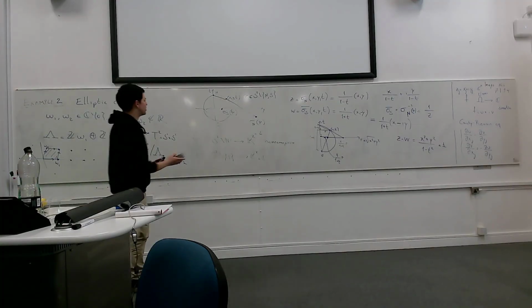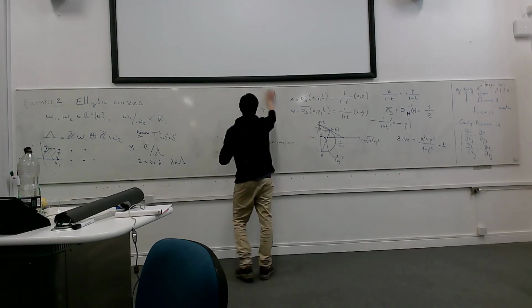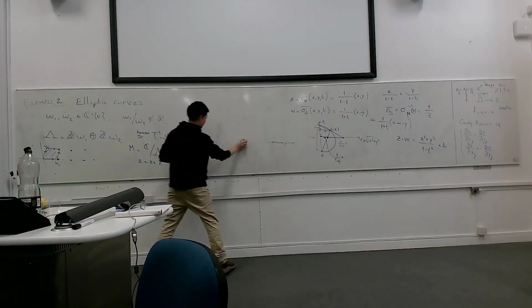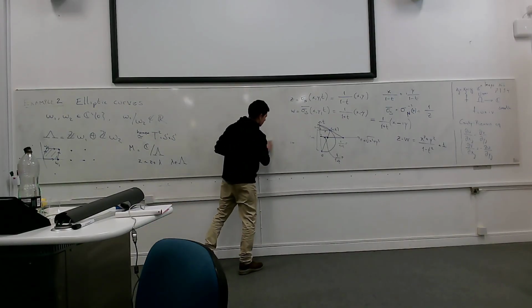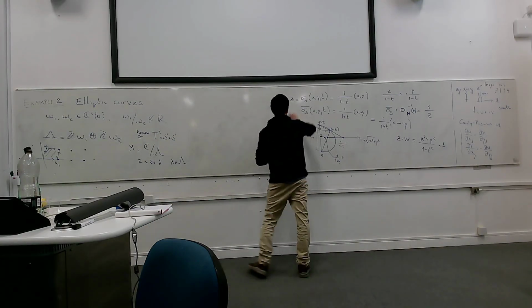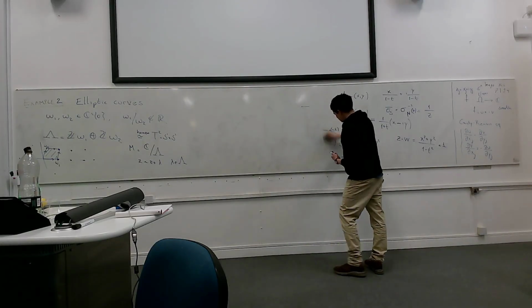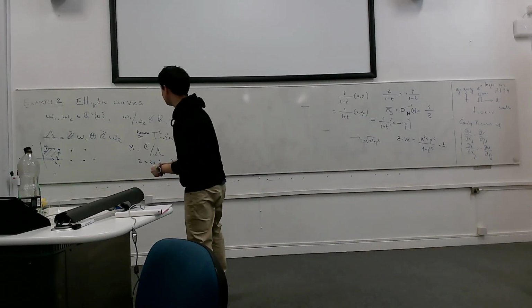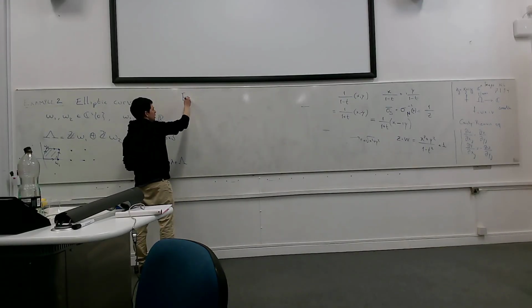Now we want to discuss CP^n, complex projective space. This is example 3.